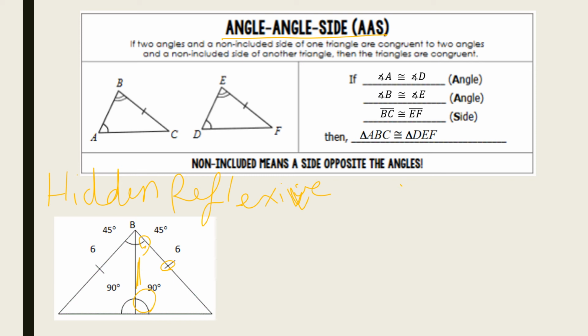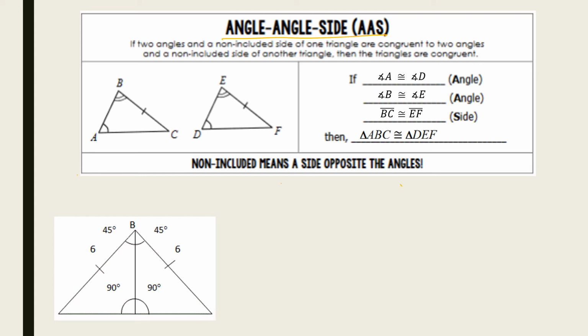So angle, angle, side: AAS. That works. If this weren't my example slide and I wanted to do it a different way, like in class, you could go angle, side, angle, and that would be just fine as well.